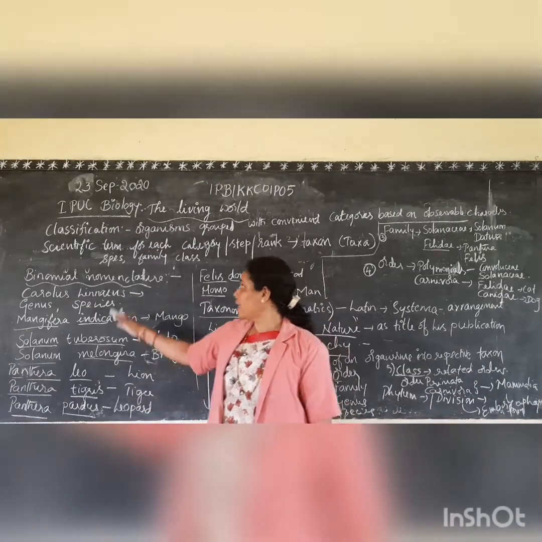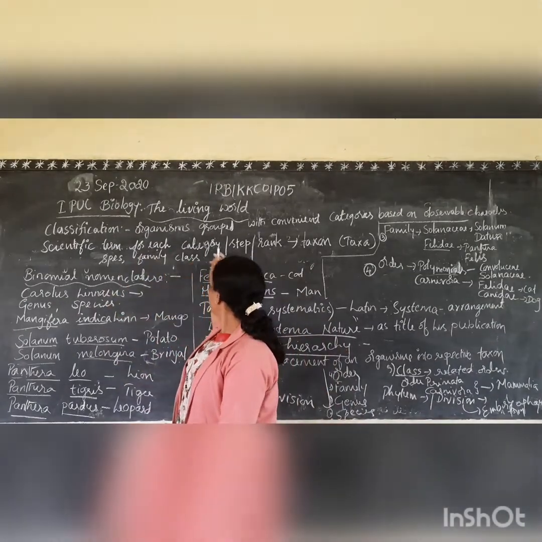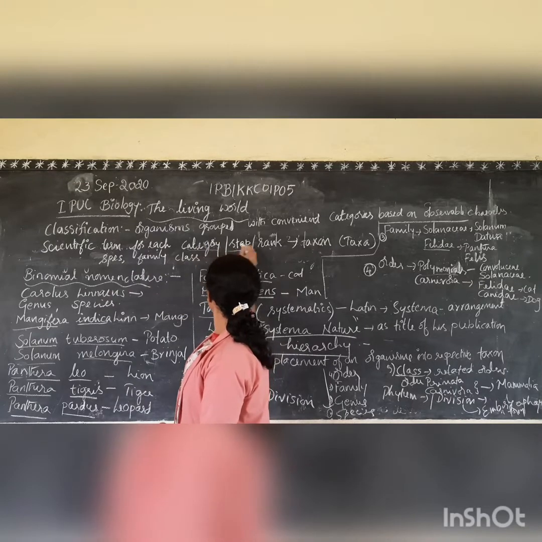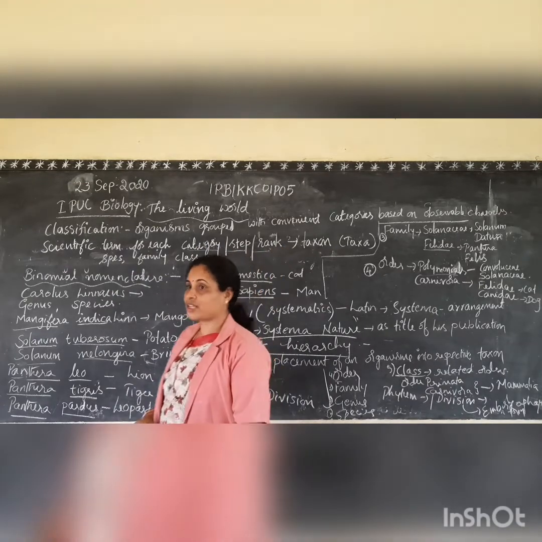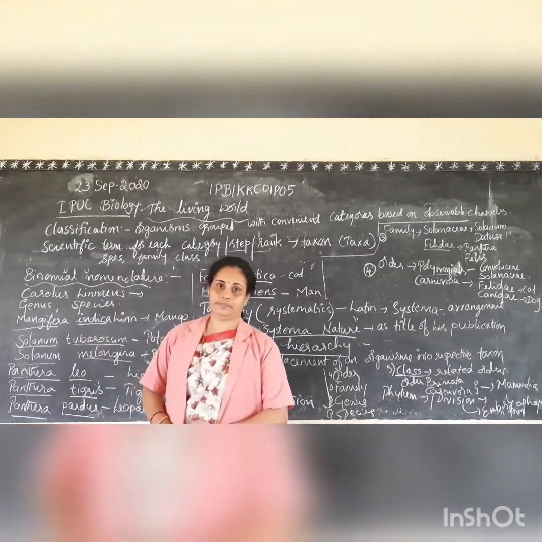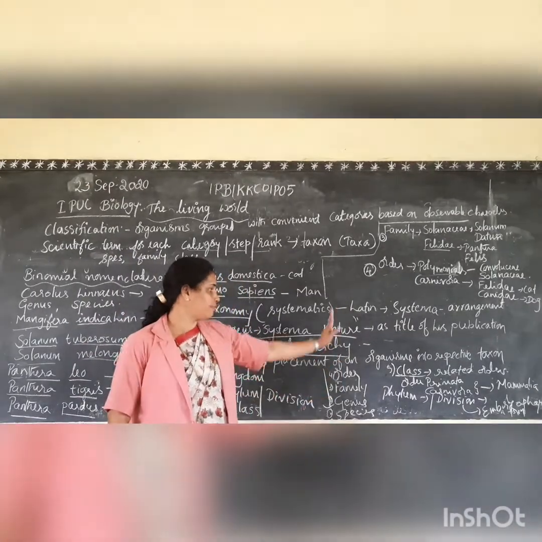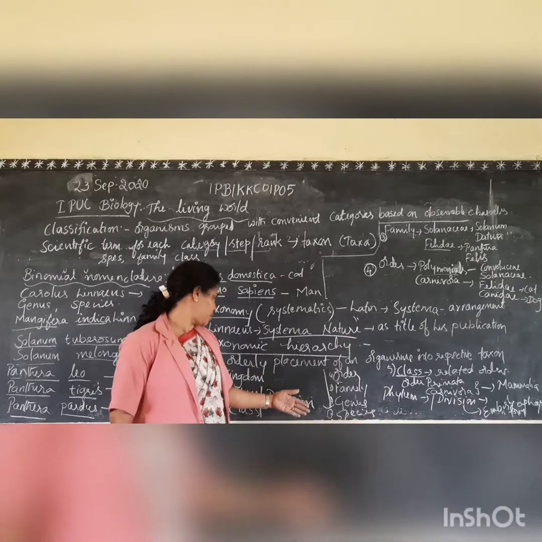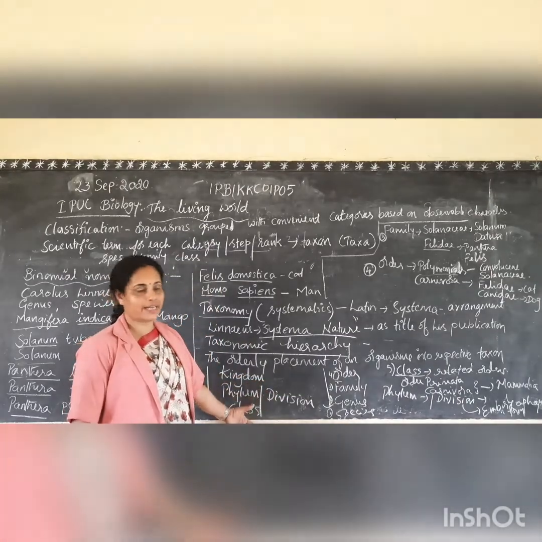So these are the classificatory steps, categories or ranks, called taxon or taxa. This can be a 5-mark or 2-mark question, like naming the taxa in classification.